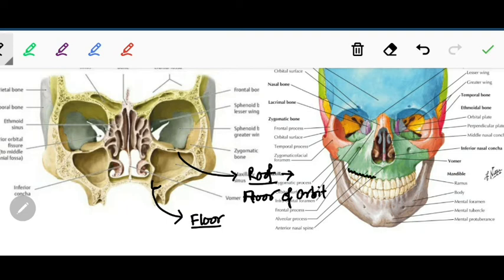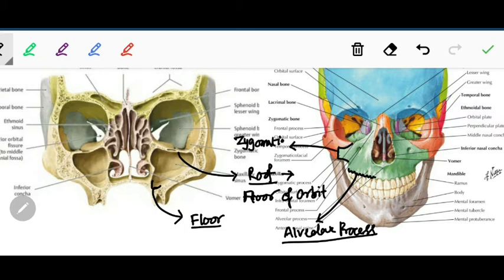The maxilla presents the alveolar process, which contains the upper jaw teeth, the zygomatic process, which articulates with the zygomatic bone, and the frontal process, which forms the osseous framework at the root of the nose.